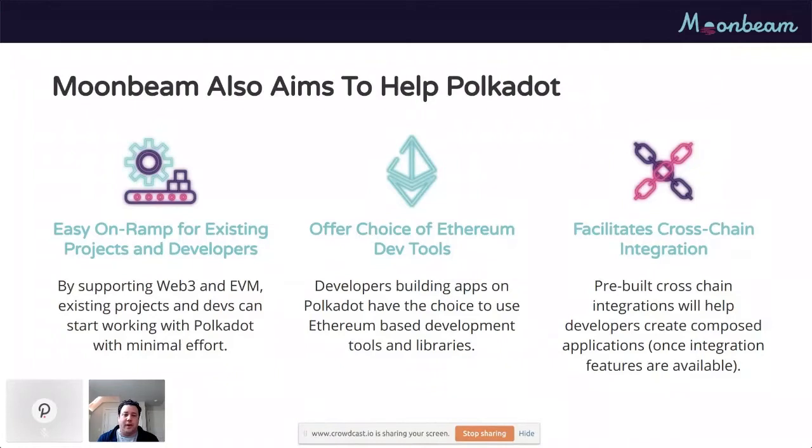And as I mentioned, this cross-chain integration, we see ourselves in the longer run, as these cross-chain integration features get deployed onto both Kusama and Polkadot, being really interested in testing and implementing integrations with other parachains on those networks, and then having these pre-baked integrations available on Moonbeam that developers can consume and use.